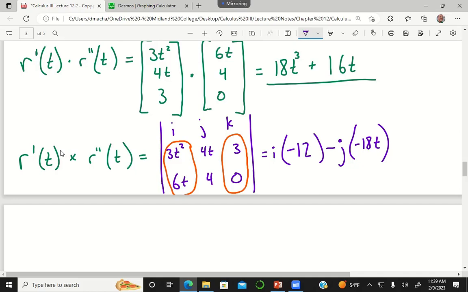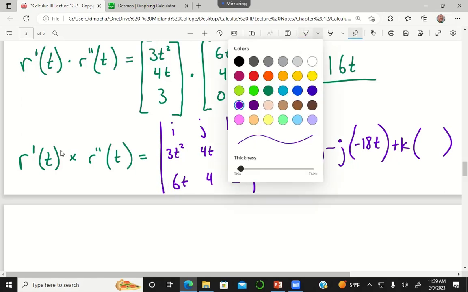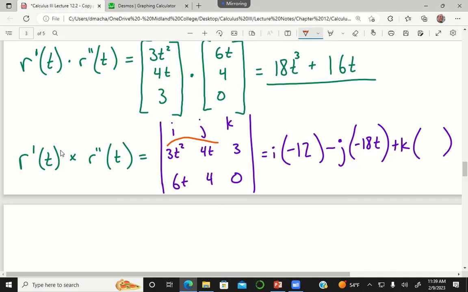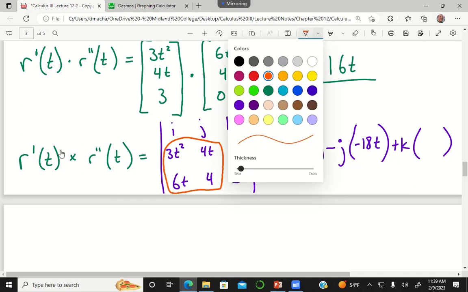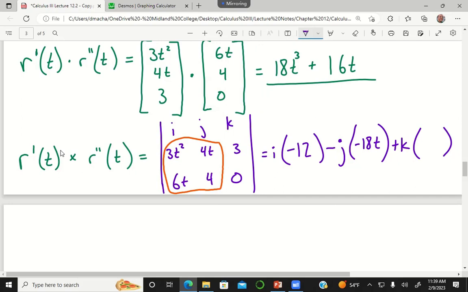Okay, and then plus k times the determinant of this 2 by 2 submatrix. What is that determinant? Negative 12t squared, right?